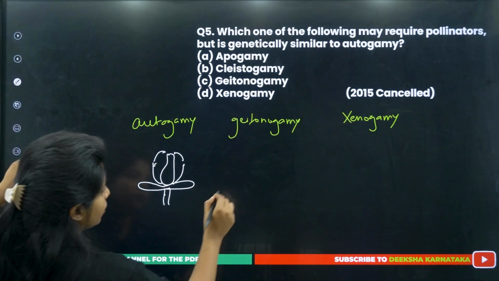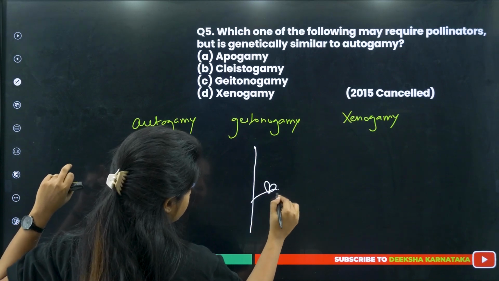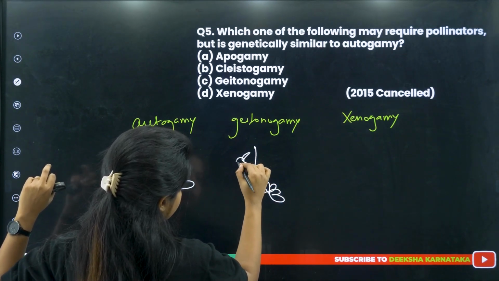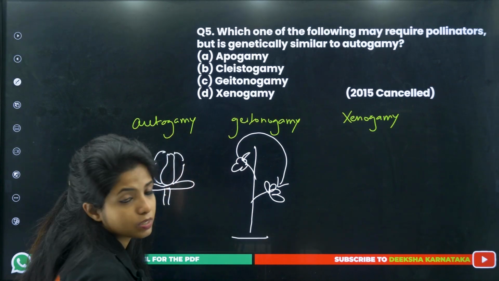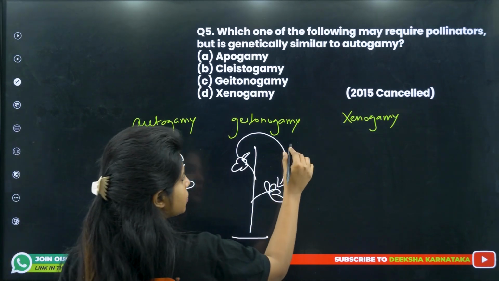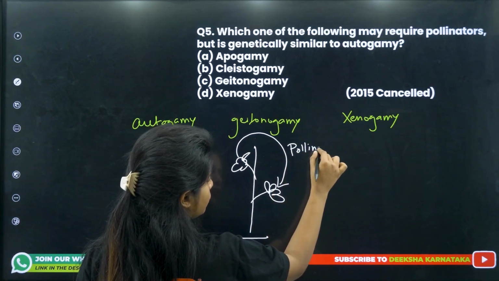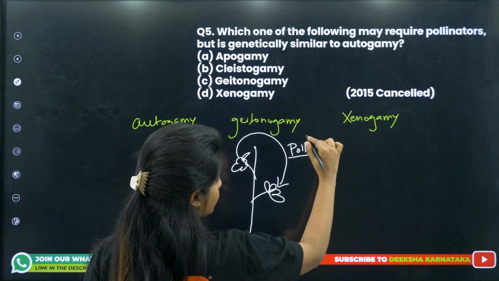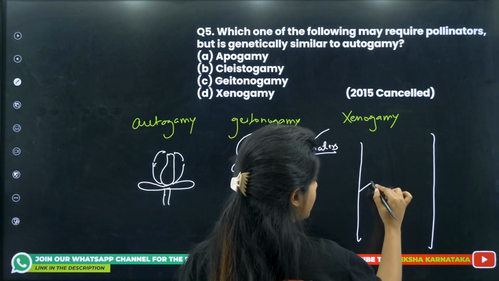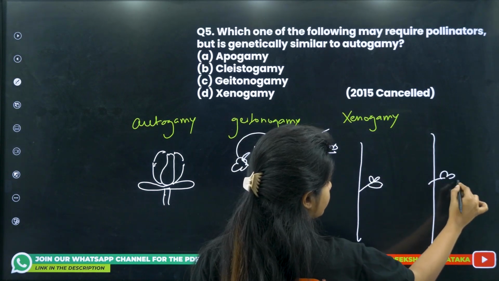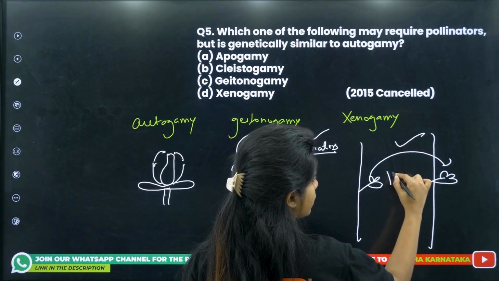If you talk about geitonogamy, there's one flower over here, there's one flower over here. From here to here, if things have to travel in between the same plant as we studied, obviously you need pollinators, so pollinator tick mark. Xenogamy, again this is between one plant, another flower, another flower. So this also needs pollinators.